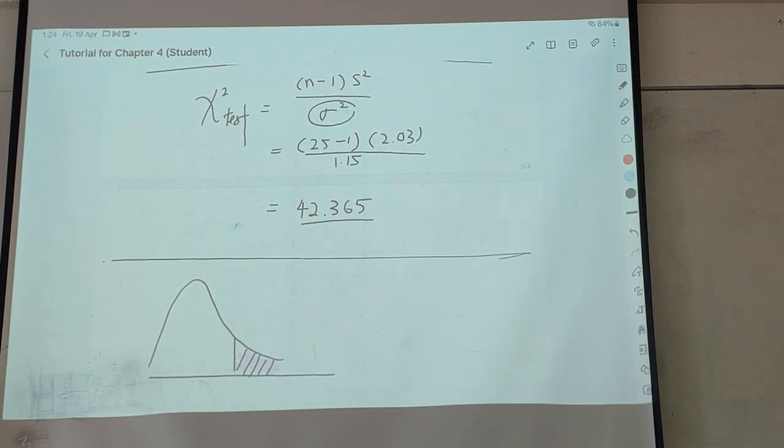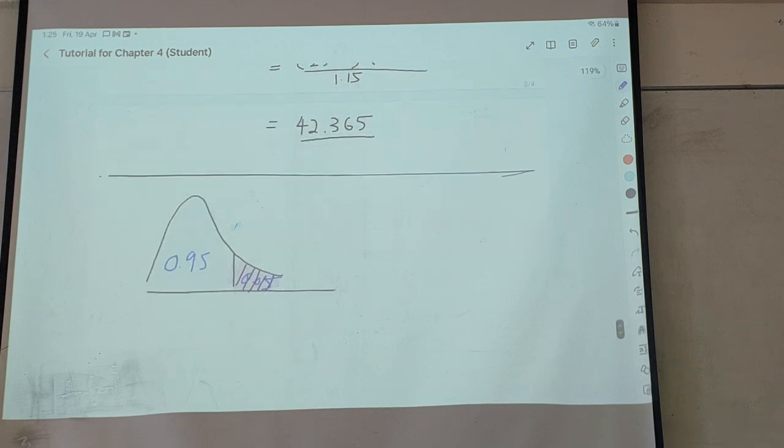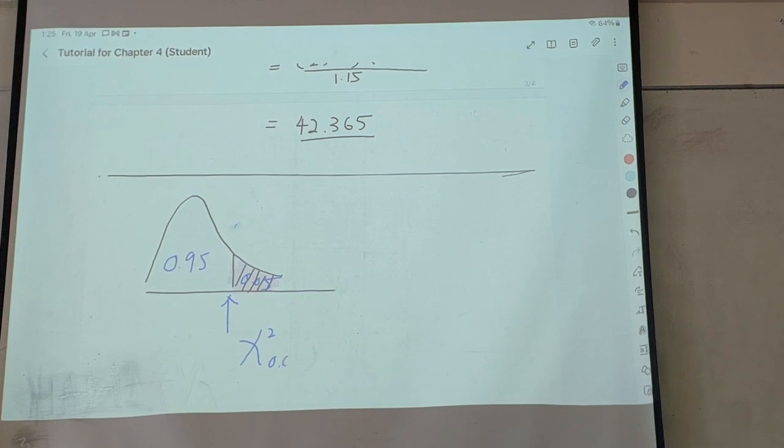Here indicates 0.05, here indicates 0.95. Critical value chi-square, alpha 0.05.